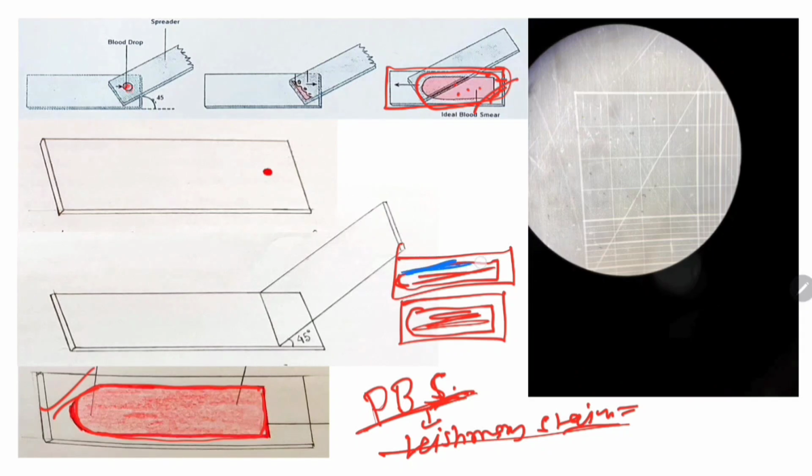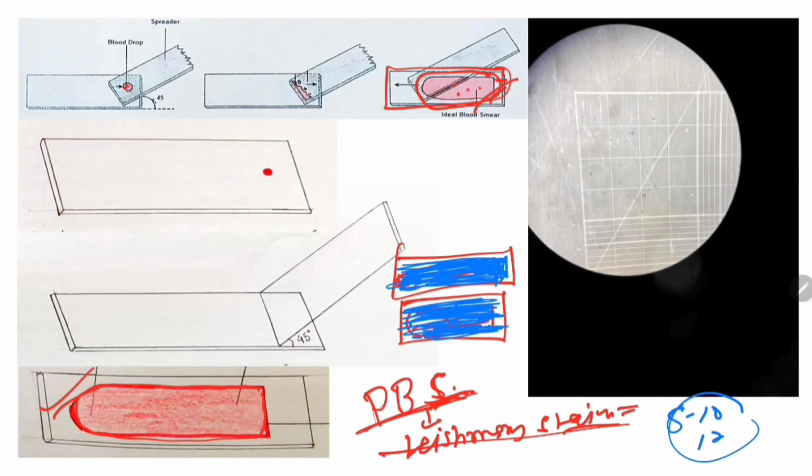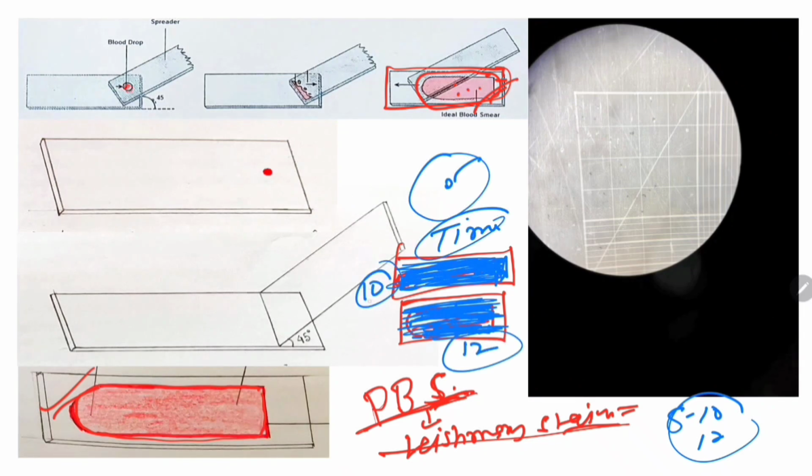How much? We put Leishman stain to cover this blood film, counting the drops: 1, 2, 3, 4, 5, 6, 7, 8, 9, 10. We put as many drops as we need to cover the whole blood film. It may take 8 drops, 10 drops, 12 drops, whatever, just count it. Suppose here we need 10 drops and here 12 drops. Now we have to wait for 2 to 3 minutes.